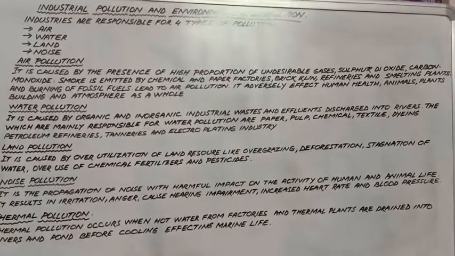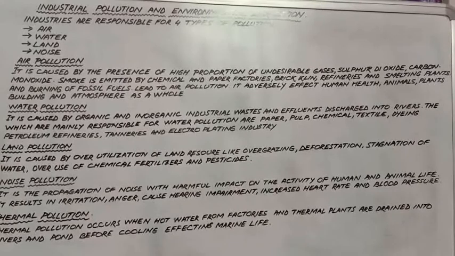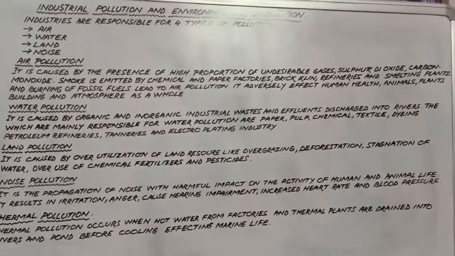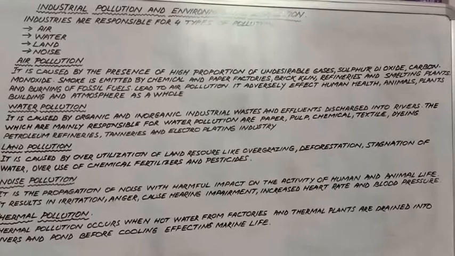You will see big chimneys, and out of the big chimneys, smoke is coming out. This smoke is nothing but pollution created by different types of gases. This smoke is emitted by the chemical and paper factories, brick kilns, refineries, melting plants, and burning of fossil fuel.